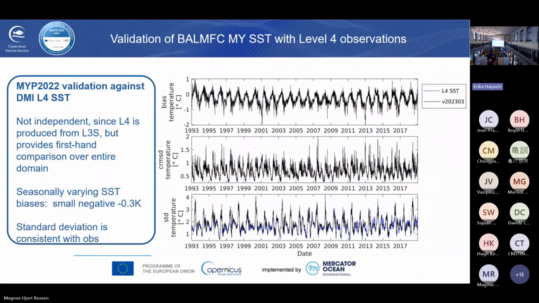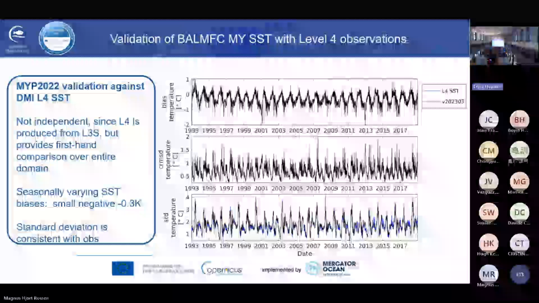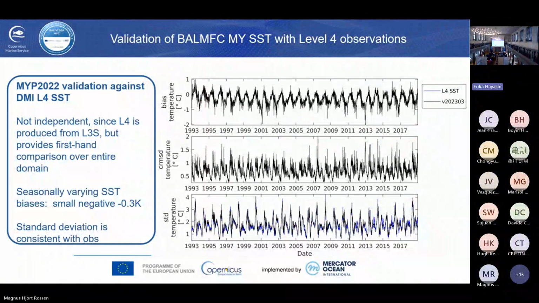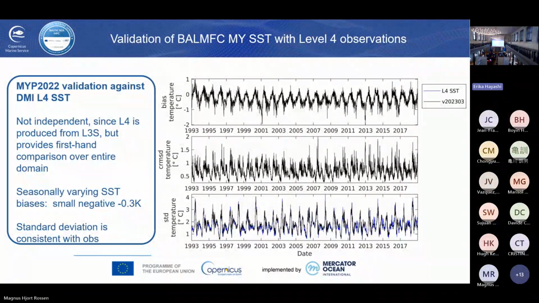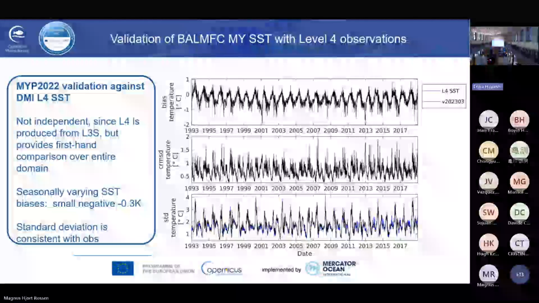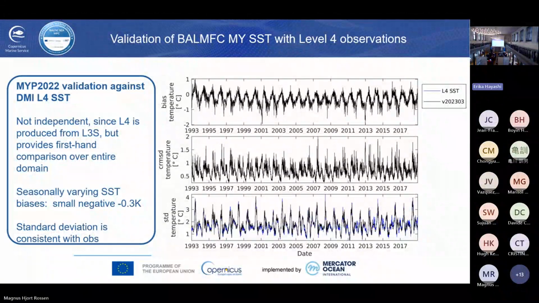But as I said, our center in Copenhagen produces the multi-year product, and we assimilate the reprocessed product. And how can we check the results? We compare against the level 4, which is also produced in Denmark, in our institute. The level 4 is produced out of level 3S, so it's not quite independent, but it provides first-hand results, and we can check that the model bias is still there.